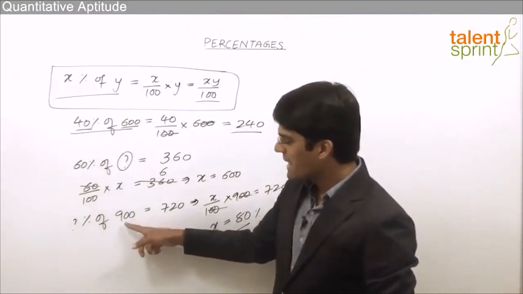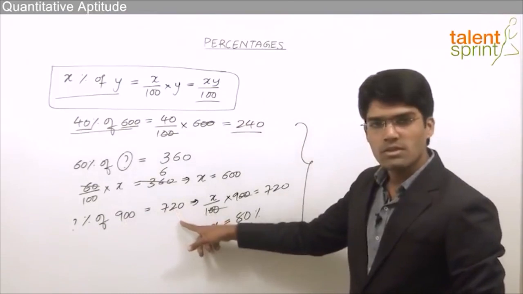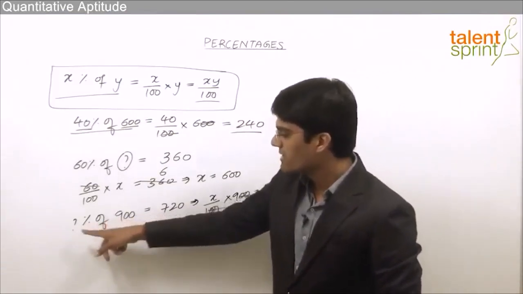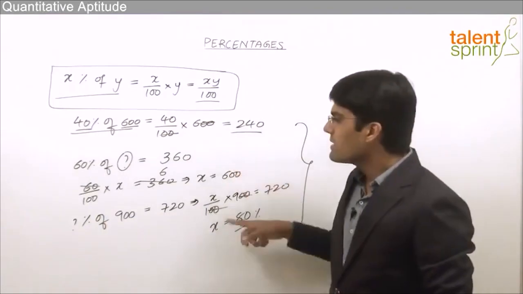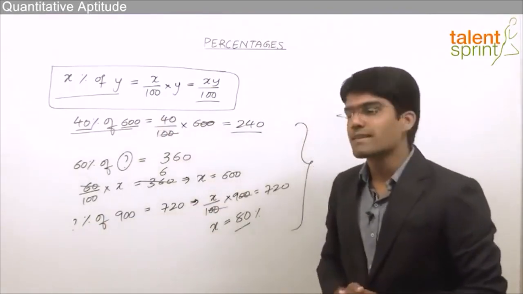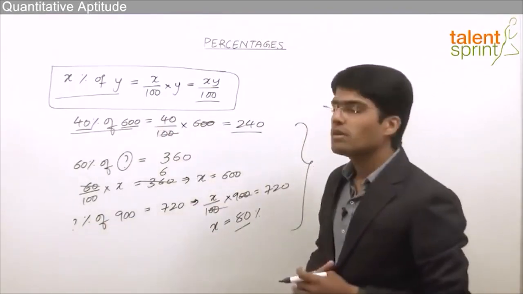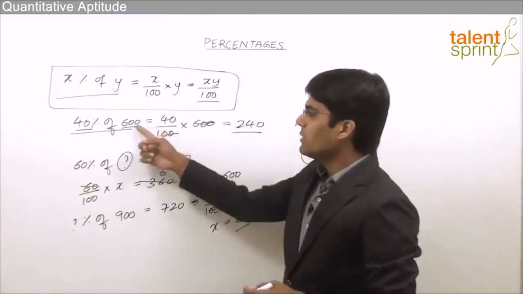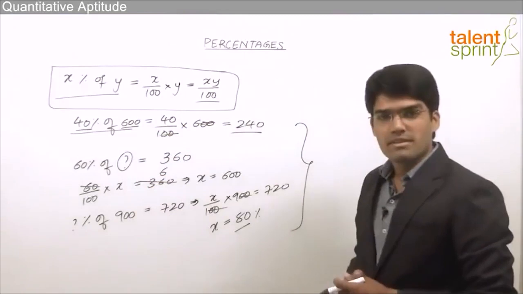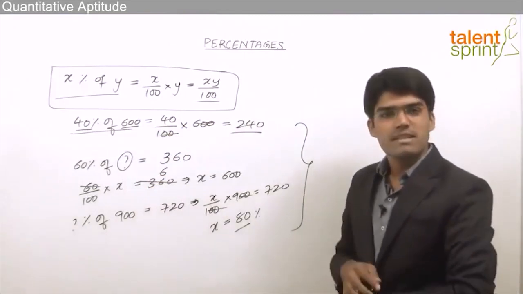So in this case, the maximum value and the actual value was given and we are able to find out the percentage value as 80%. And all these calculations are based on the above equation, that is x percent of y should be equal to xy by 100.